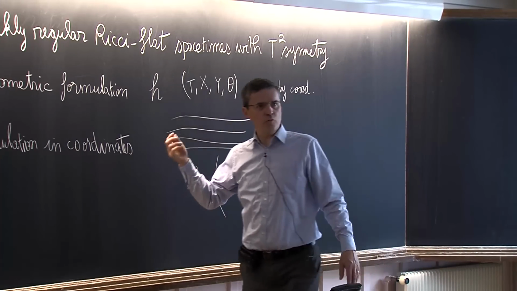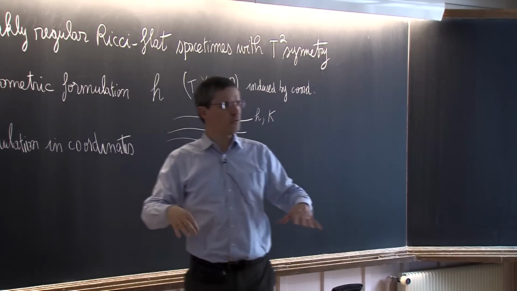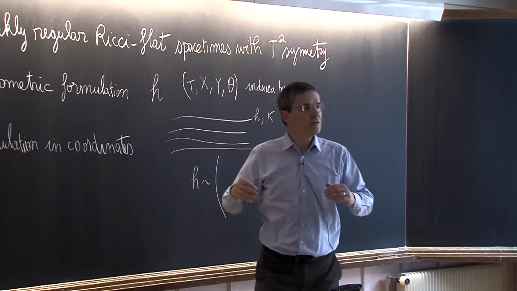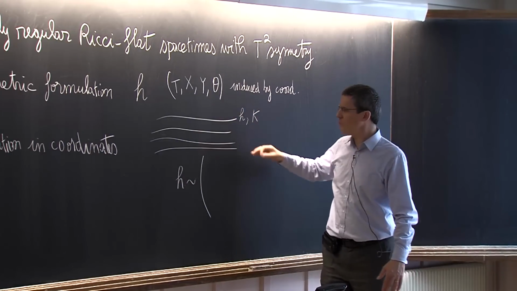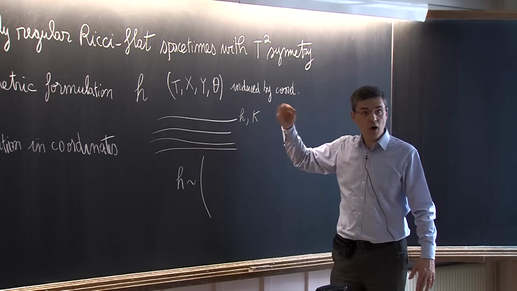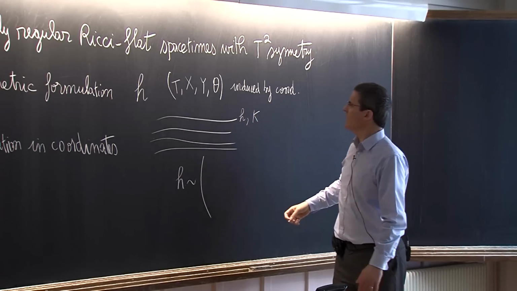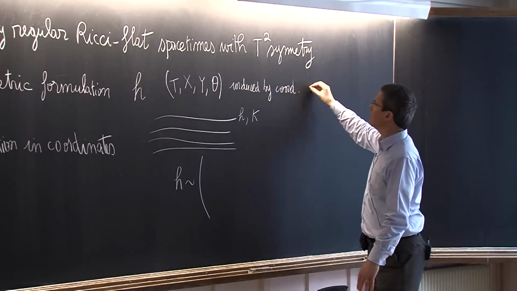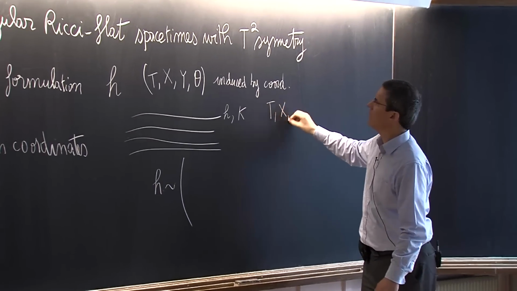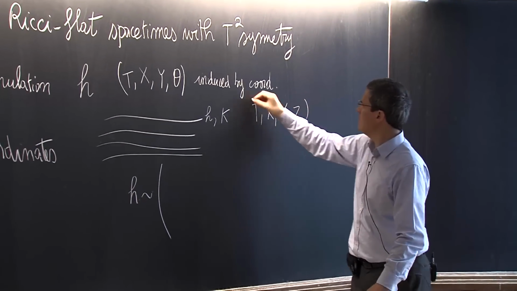So these vector fields commute, and this is quite convenient when you want to derive the equations. But when you want to state the weak regularity, you cannot use this frame. You have to use a frame which is adapted to the symmetry, T, X, Y, Z, which is our adapted frame.